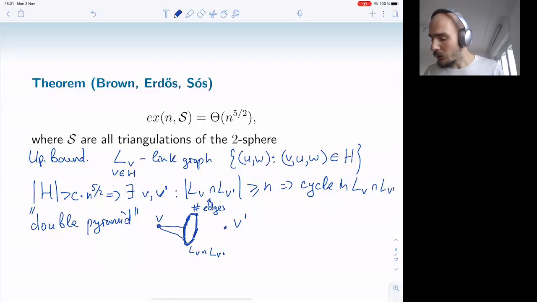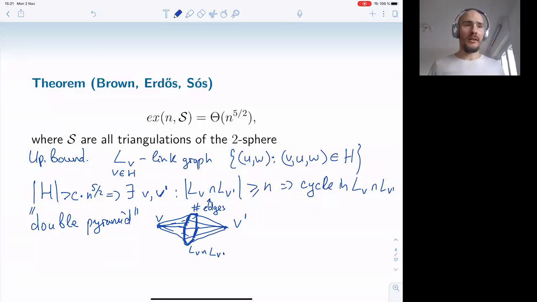And now you have all these triangles, and the same on this side. I guess it should be convincing enough that this is exactly a sphere, right? Any questions about this? So getting a cycle in this intersection of two link graphs gives you a sphere, and this double counting is extremely simple. Anybody who knows what double counting is would be able to repeat it.